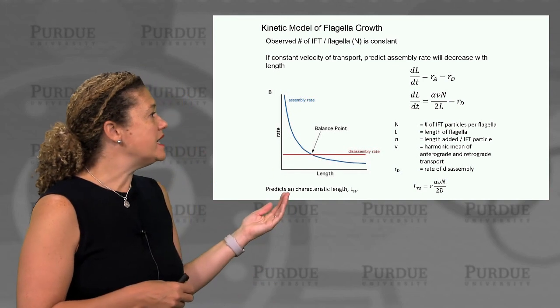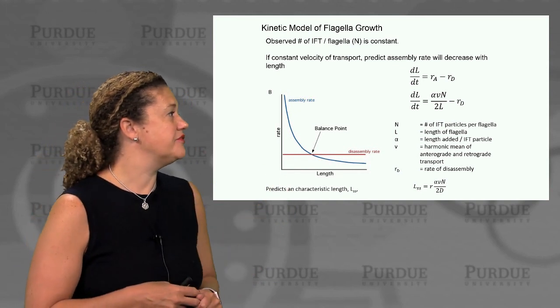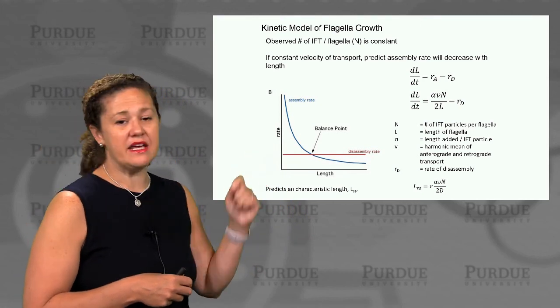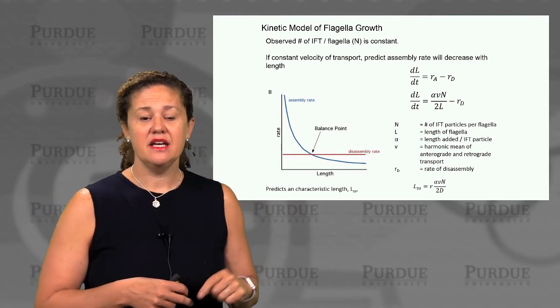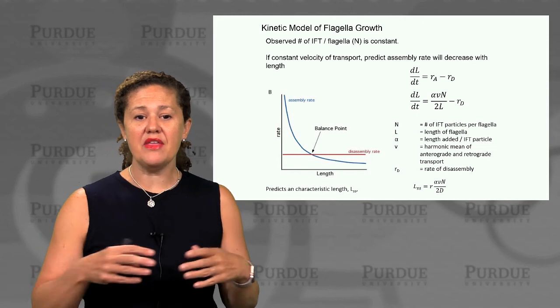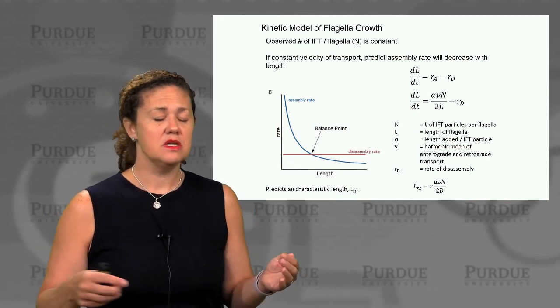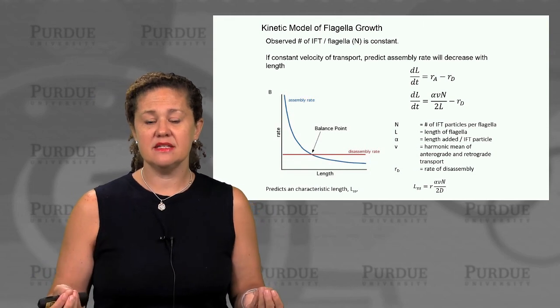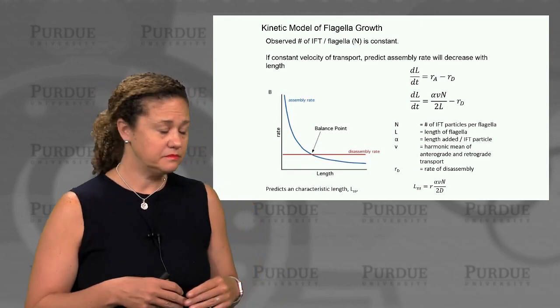So then if we write a simple kinetic model of flagella growth as a function of the length of the flagella, dL/dt, how that length changes with time, will simply be a balance of the assembly rates and the disassembly rates.